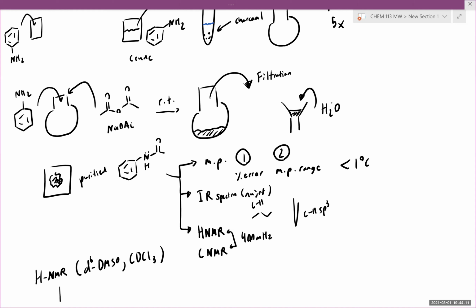We're just rinsing our obtained solid with water. If you wanted to partially dry your solid, you can use a small volume of cold ether, but water is sufficient for the purification. Does that address your question?